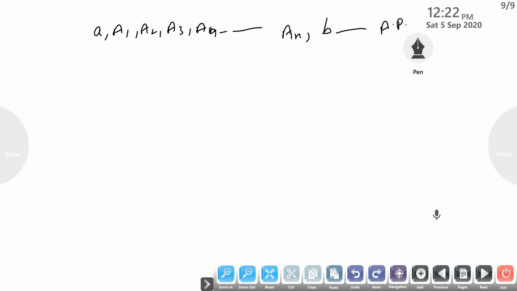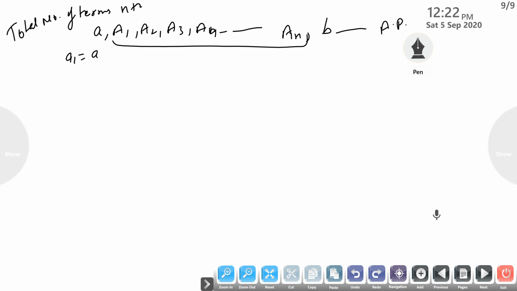If these are in AP, then a is its first term, a1 is a, and number of terms in this series is total n. Arithmetic means you inserted here, so n are these and two numbers you already have. Total number of terms is n plus 2.